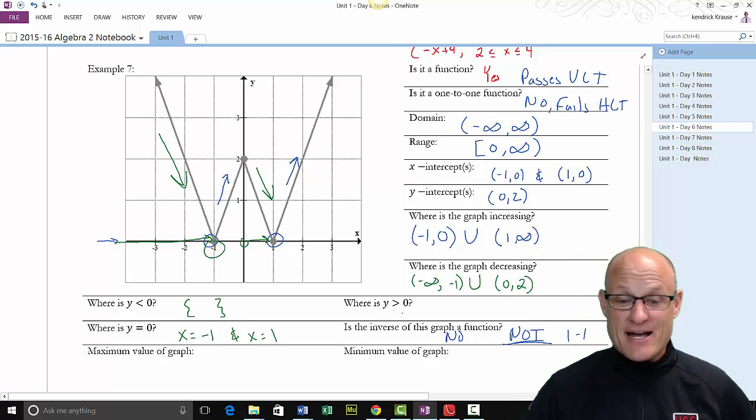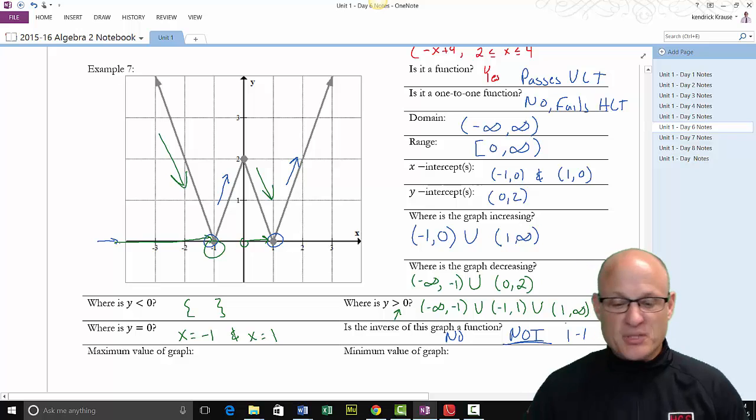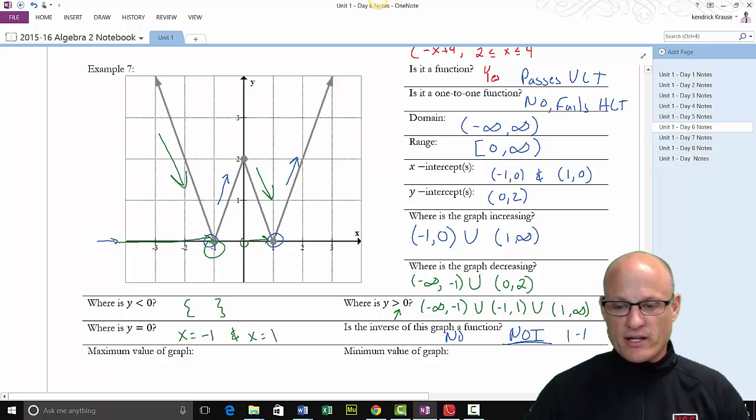Now 0 is not positive, so you can't say it's everywhere positive because this doesn't have an equal to. So I have to say from negative infinity to negative 1, but not including negative 1, or from negative 1 to 1, or from 1 to infinity. And there's other ways to write that, but that's what we're going to write it like right now.